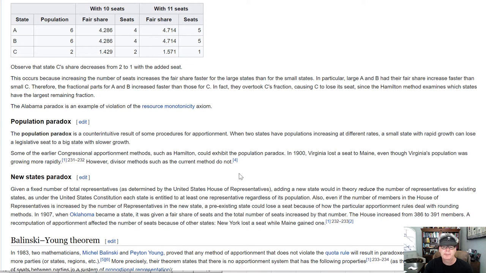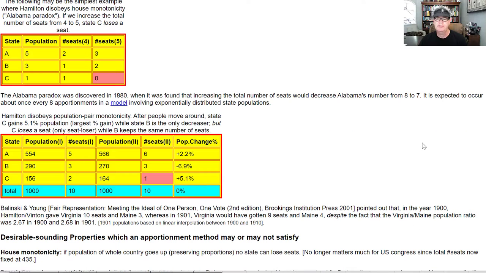And then, of course, the population paradox. And that's when a state gains in population and another state loses in population, but the state that gained in population still loses a seat. So here's an extreme example. You've got these populations here, and give out the 10 seats, and then there's a change in population.